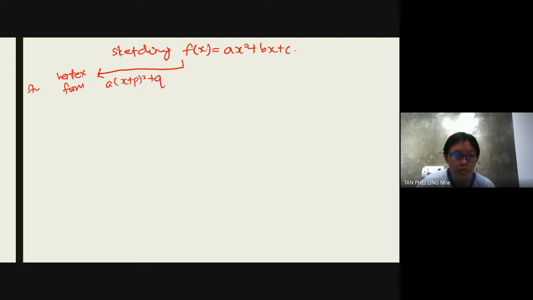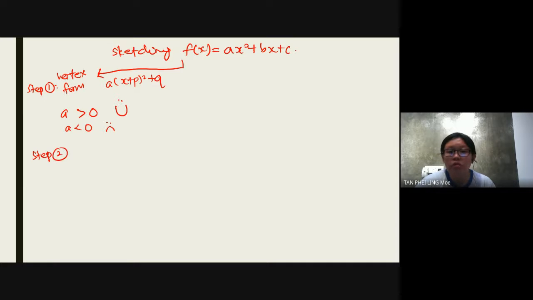You cannot run away from vertex form, because that is how we look at the axis of symmetry and also the minimum point. If A is more than 0, you know that it will be a happy face. If A is less than 0, it is a sad face, because it will give you maximum. Then step 2.